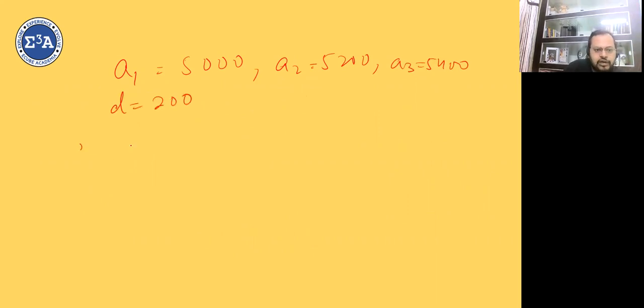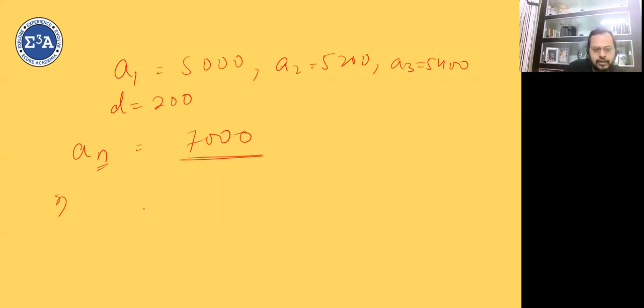So we know A is 5,000, A2 is 5,200, A3 is 5,400, D is 200. We have to find out what this N is, because it is saying AN should be 7,000.